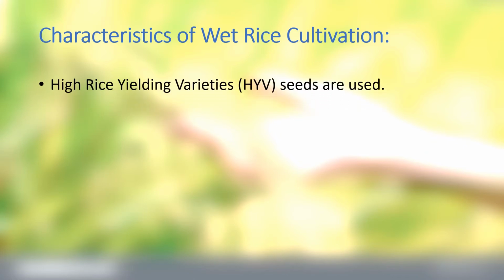Now, they are using HYV seeds, high yielding varieties. HYV seeds are a very good quality of seeds for rice cultivation.